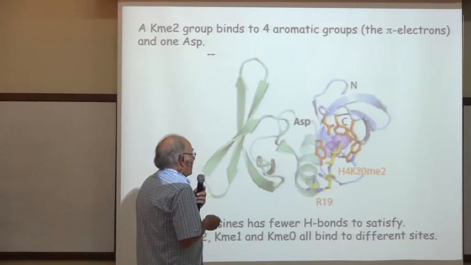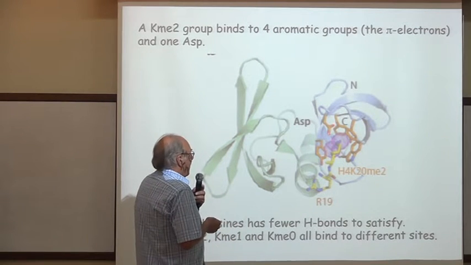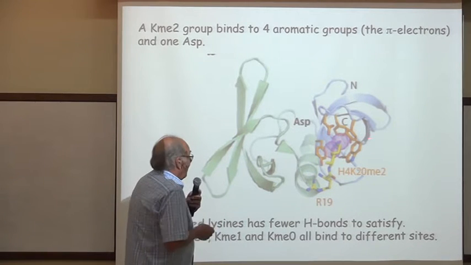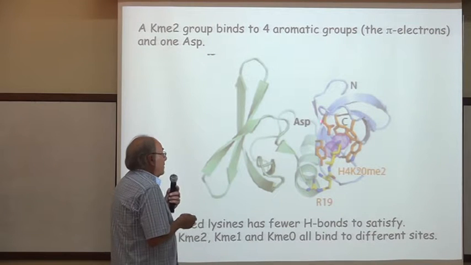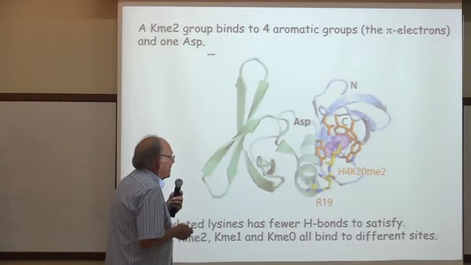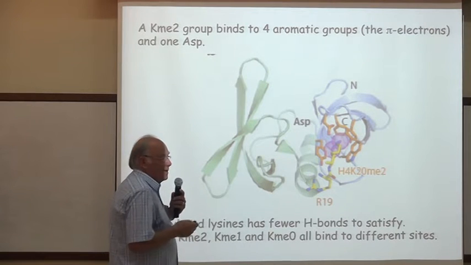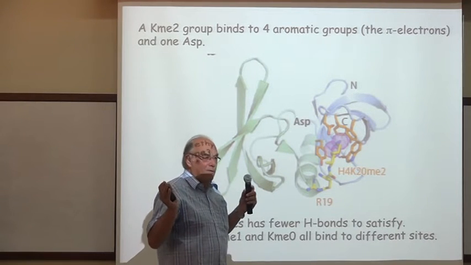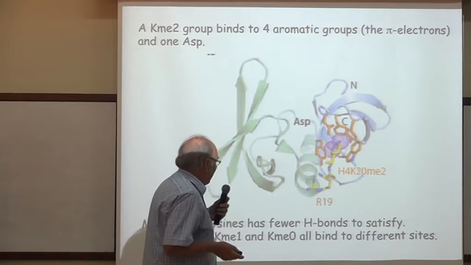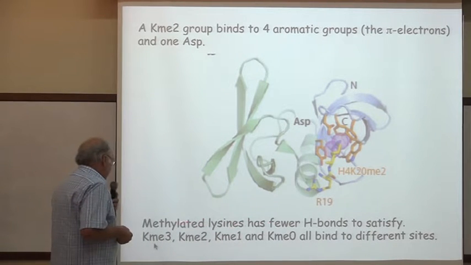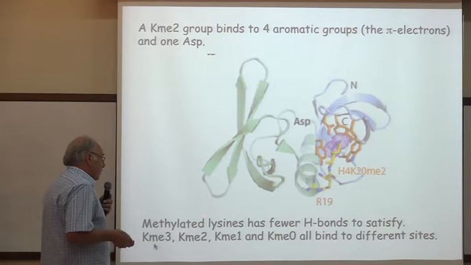And actually there's an aspartate here, which becomes the acceptor for this hydrogen bond from the lysine. But otherwise, there are 4 aromatic groups, which again provide some of the negative charge to this positive lysine. Methylated lysines have fewer hydrogen bonds to satisfy.